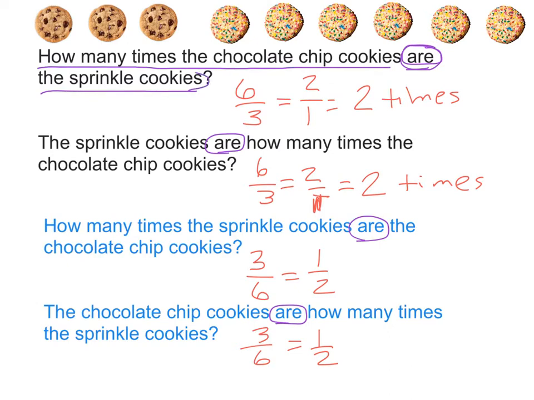So the word that's by itself and not with the how many times is the one we want to look at. And since sprinkles is by itself here in both of these, sprinkles is all alone here.